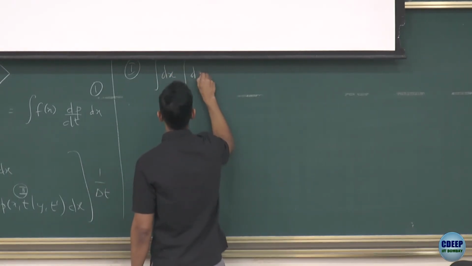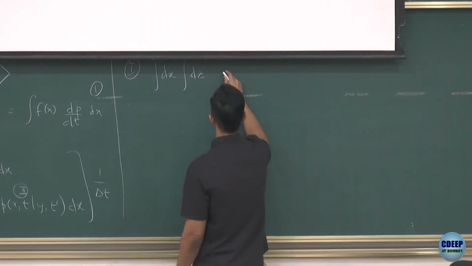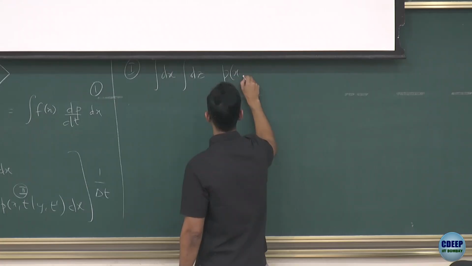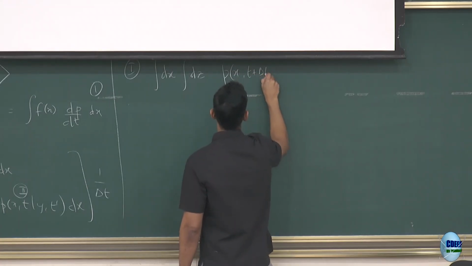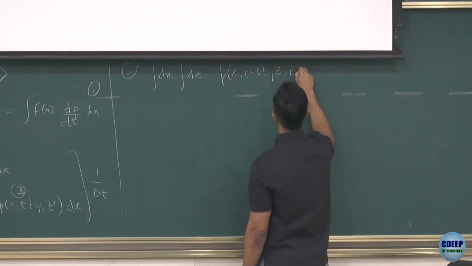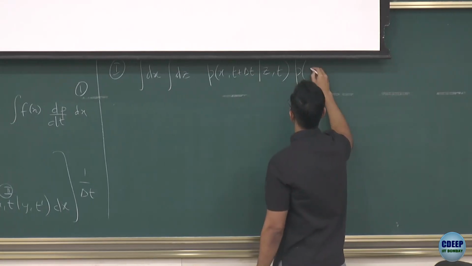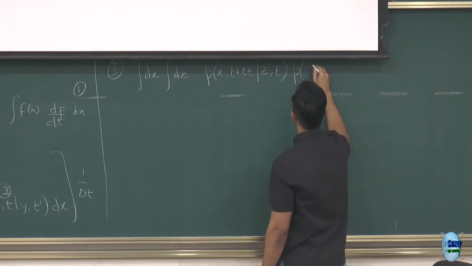I'm now going to introduce another point z and do the integral over the whole z, basically do Chapman-Kolmogorov. And I'm going to come to this position through a z at time t.